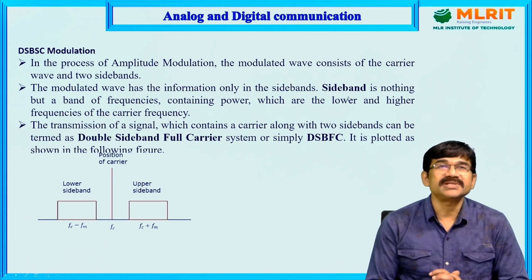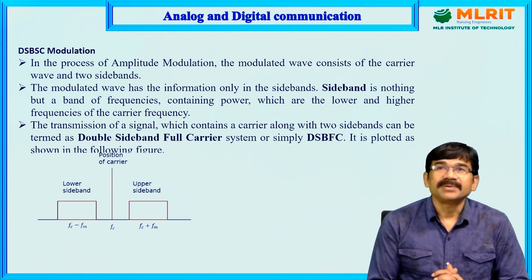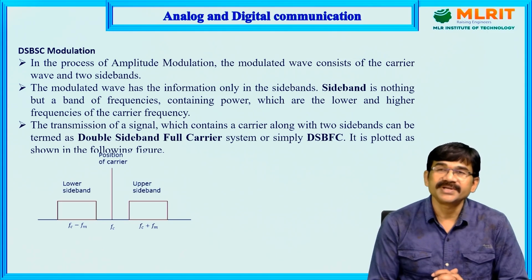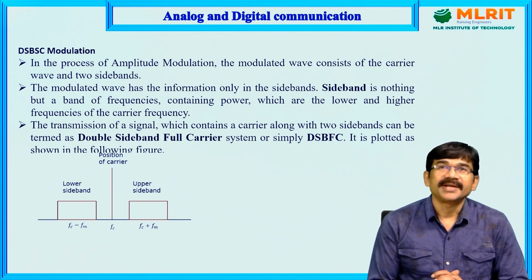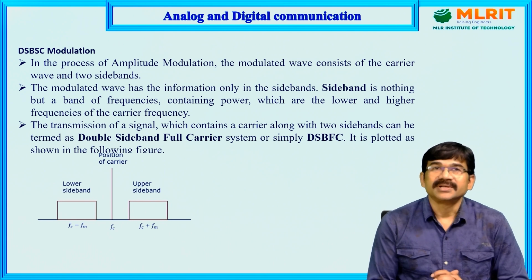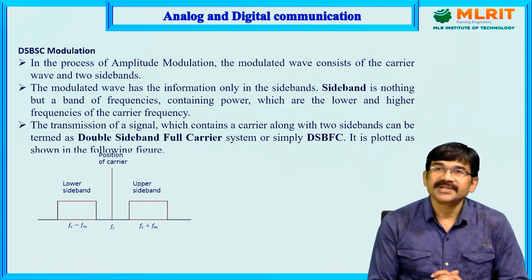In the process of amplitude modulation, we are transmitting carrier plus two sidebands, those are the upper sideband and the lower sideband. The modulated wave has the information only in the sidebands. That is, the information is contained in the upper sideband and in the lower sideband, but the information is not contained in the carrier.